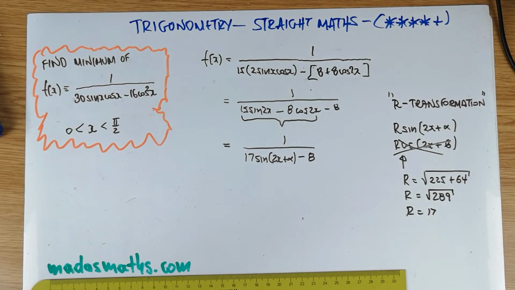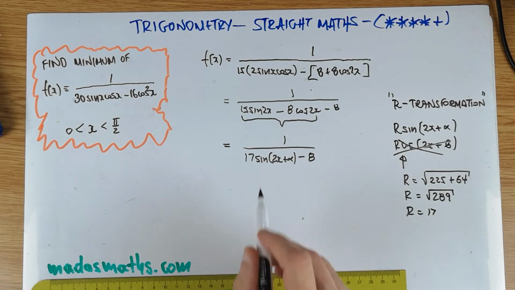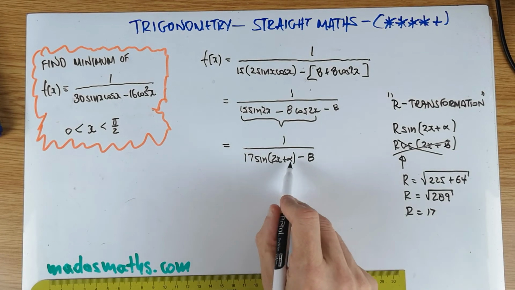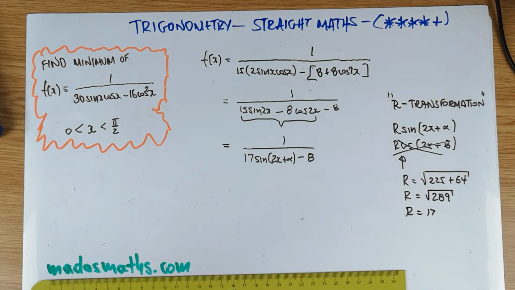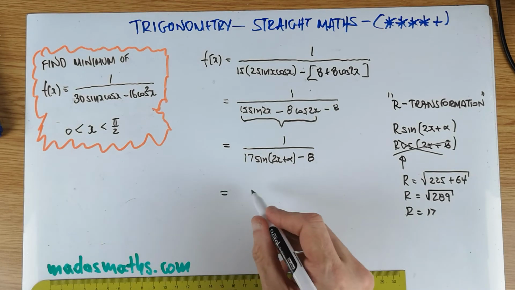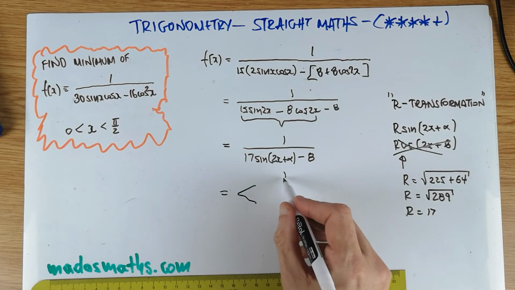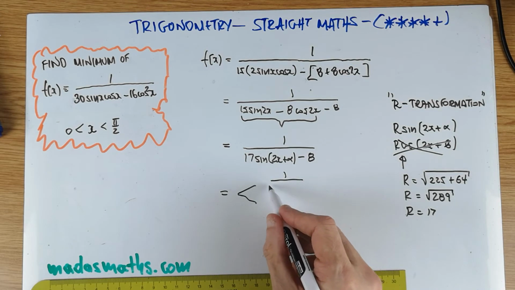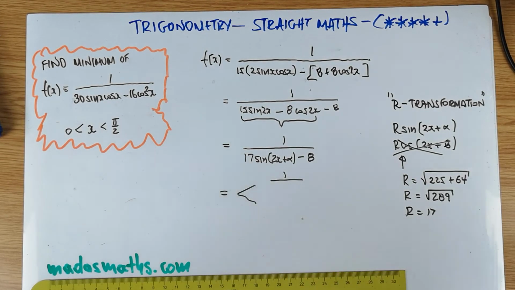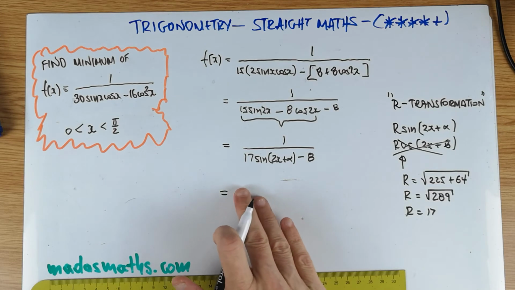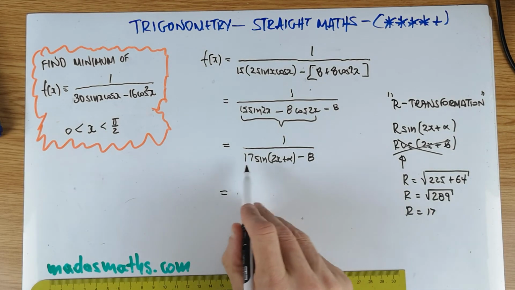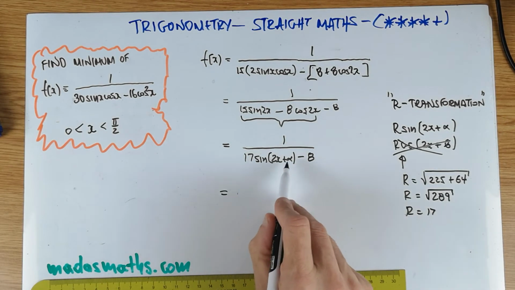And now we can wonder what will happen in there. The sine of any argument will oscillate between -1 and 1. So this will take two extremes. So this quantity will oscillate between -17 and 17.